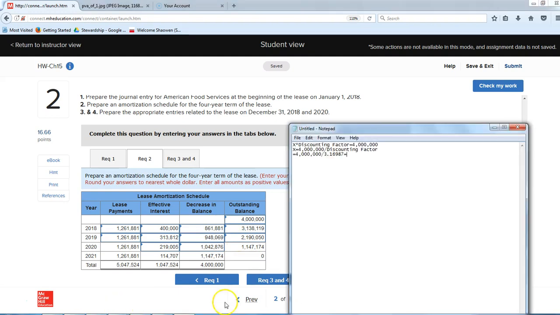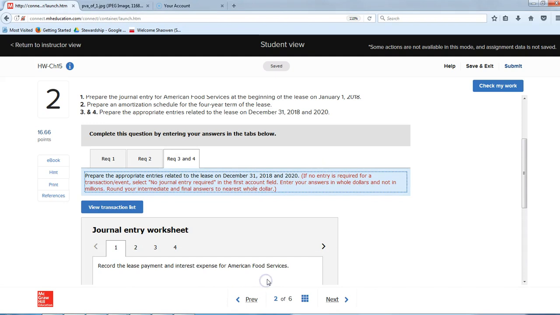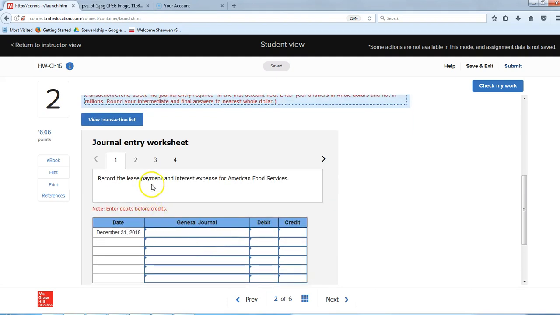So let's make a note. 1,261,881 of payments includes $400,000 of interest. 861,881 is payable for 2018.